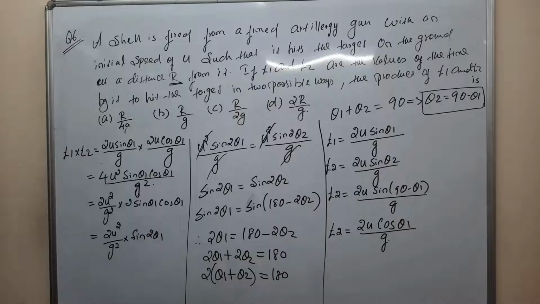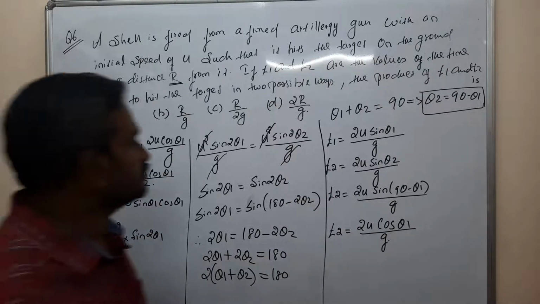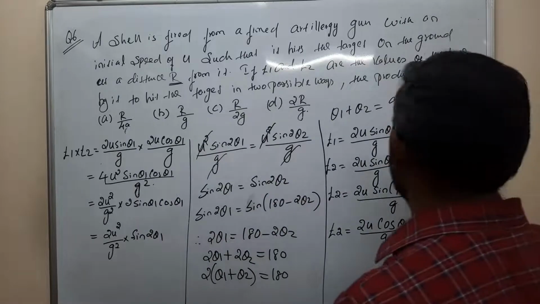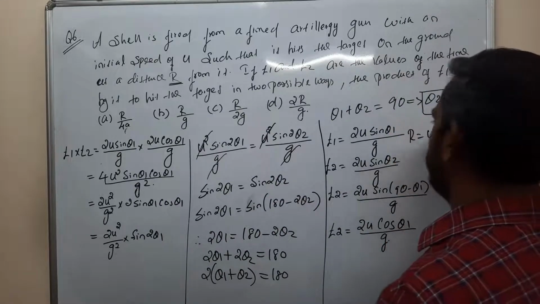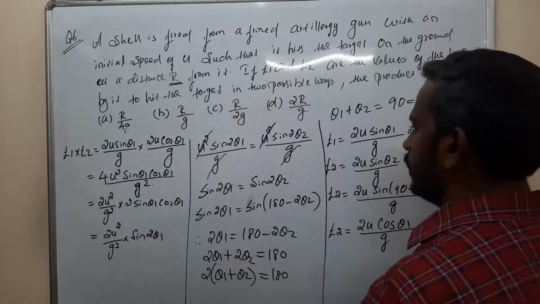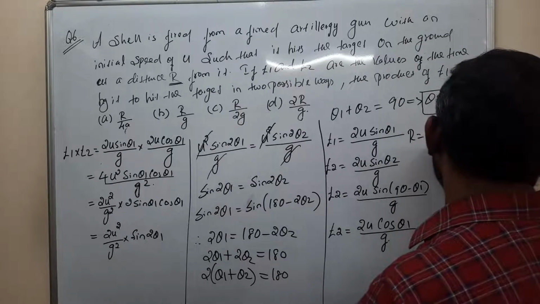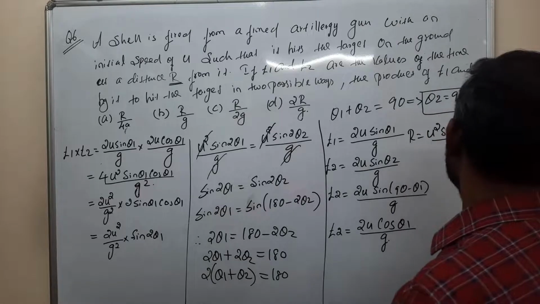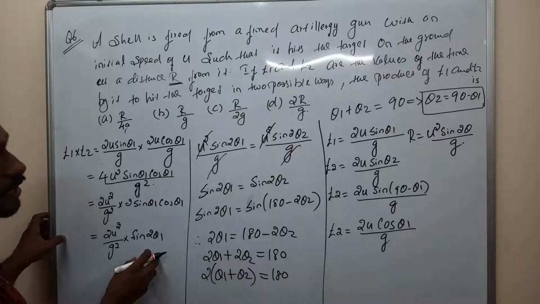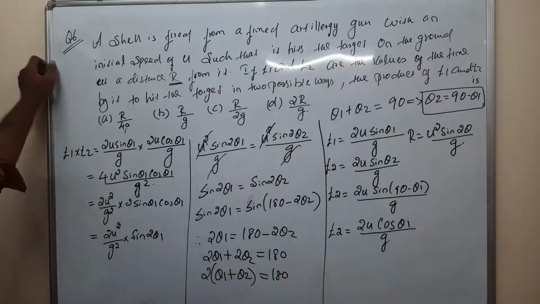So what is the formula for range? Range is equal to u square sin 2 theta divided by g. So here u square sin 2 theta 1.